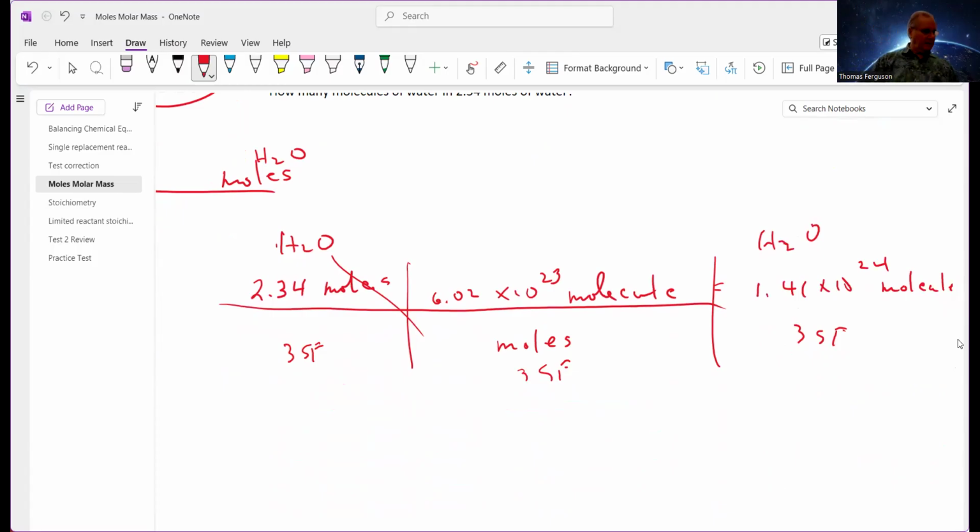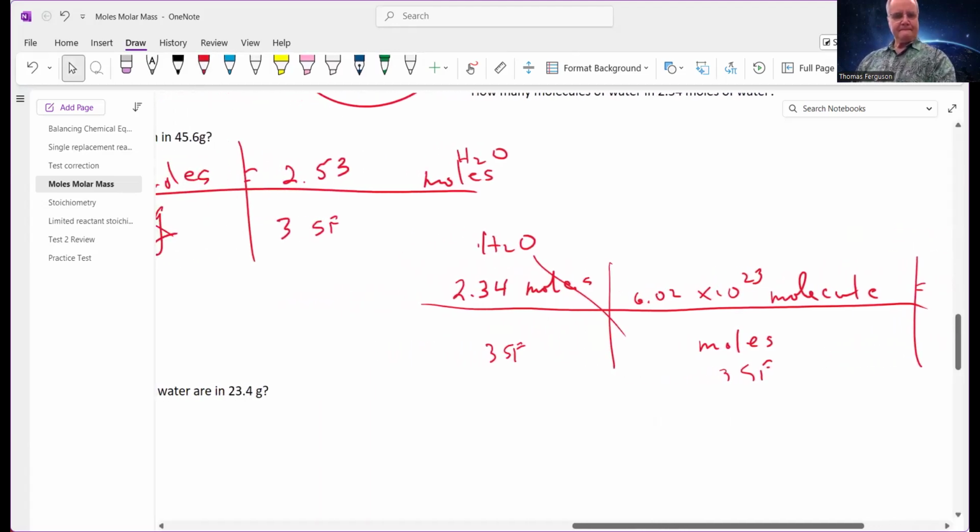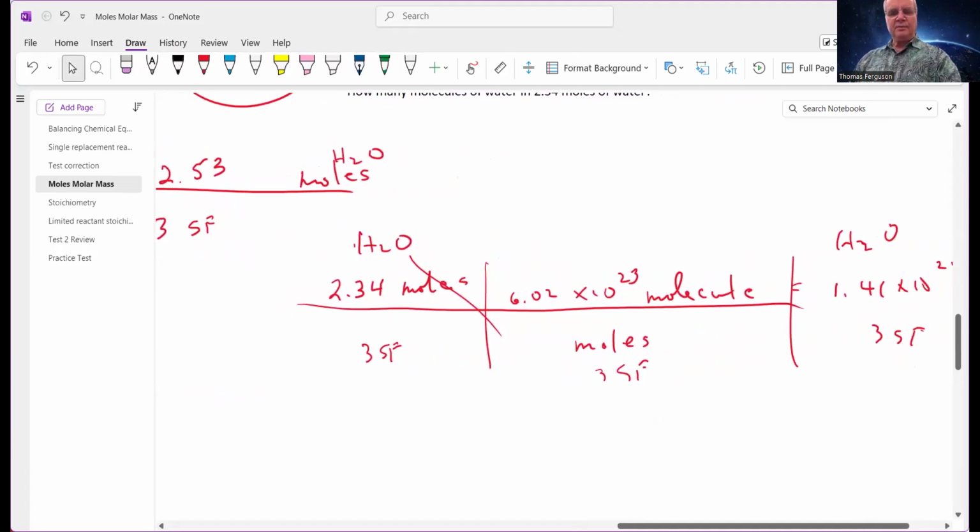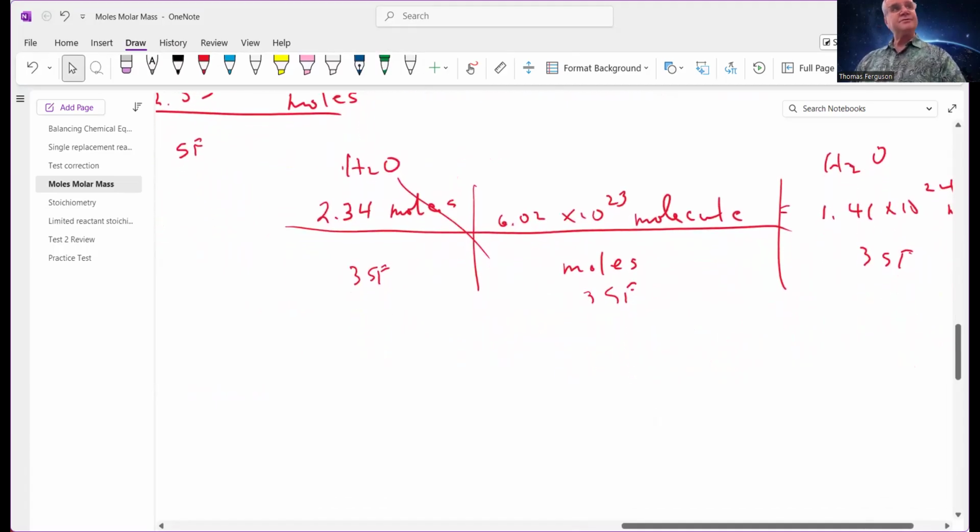So that's a nice variety of single step conversions. We're just counting, converting them to moles, moles to numbers, moles to grams. We could do the same kind of problem with liters.